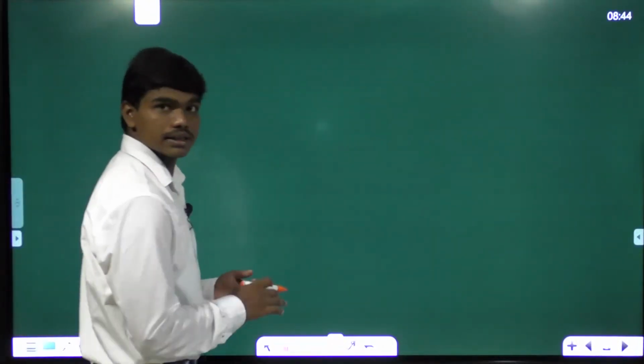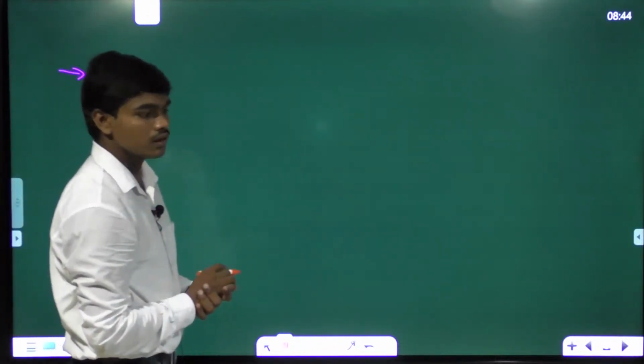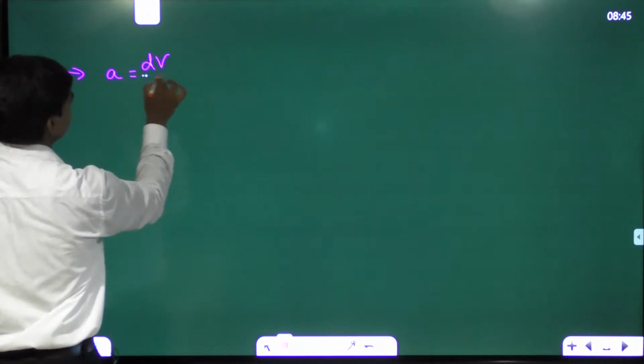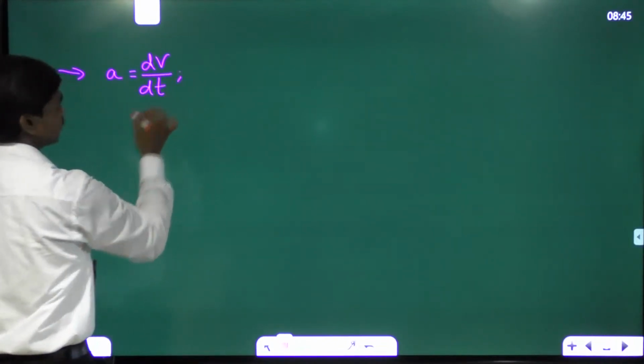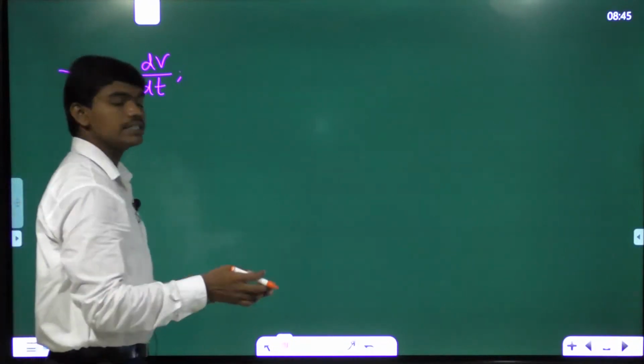I think all of you might have studied basic kinematics in your class 11 and 12. Acceleration. What's the definition of acceleration? Rate of change of velocity, which is dv by dt. It's a derivative. Correct? Now, civil and mechanical engineering students generally deal with beams.